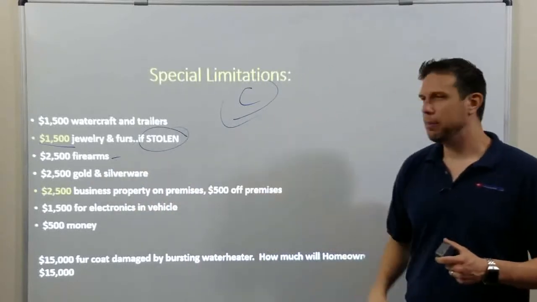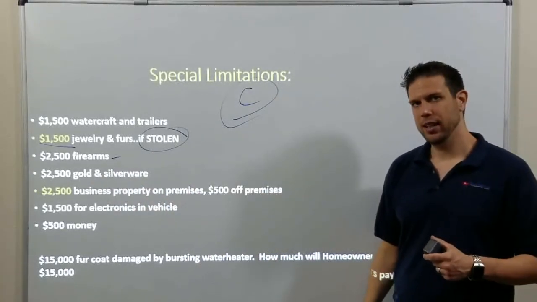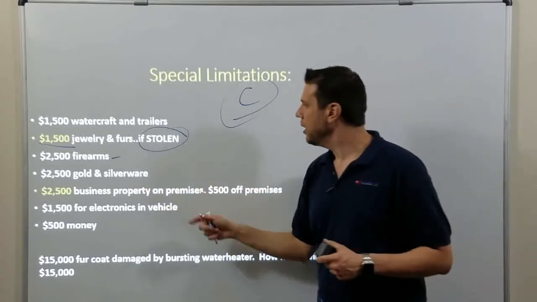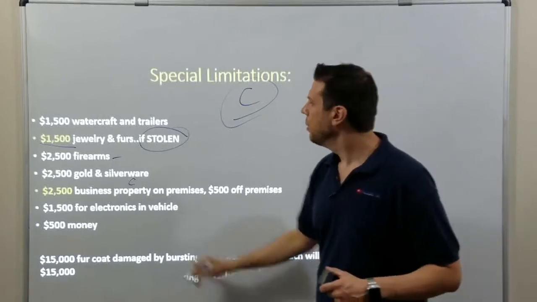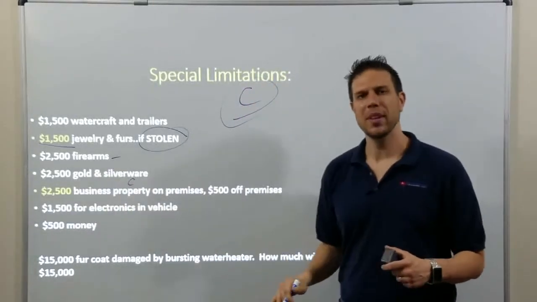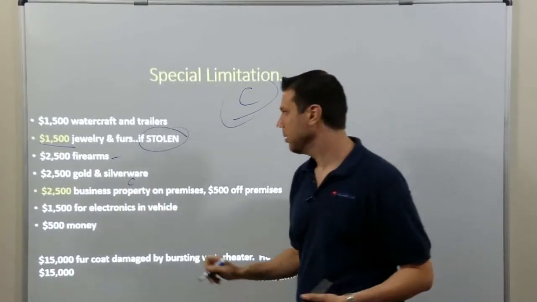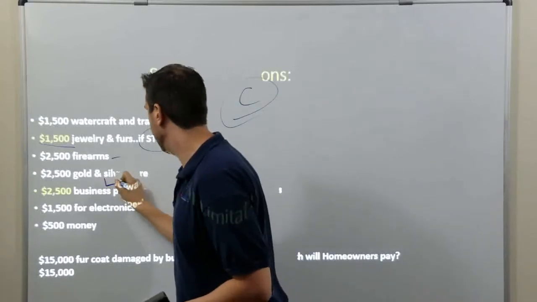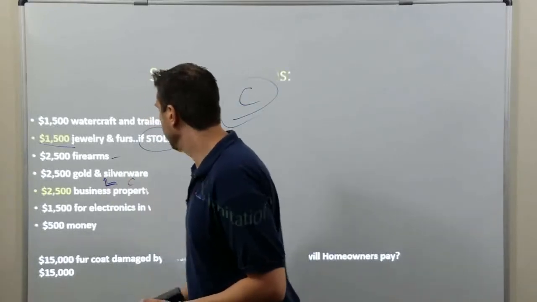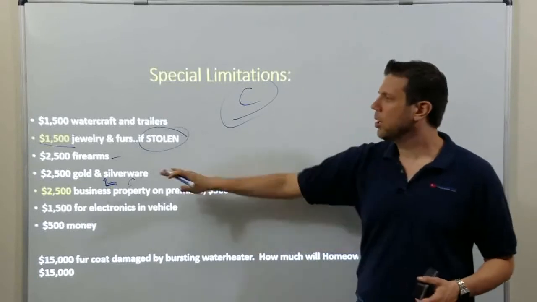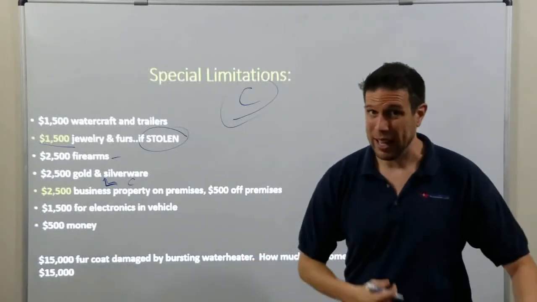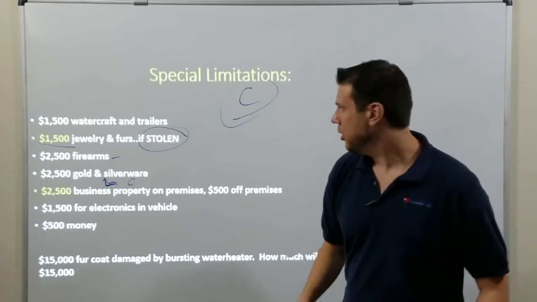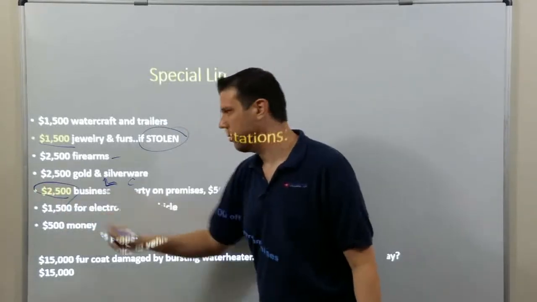Business personal property. Personal property was coverage C, that's stuff, contents. Business personal property is like a work laptop that you took home. If you take the work laptop home, somebody breaks in and steals the laptop, you get $2,500 under homeowners insurance.